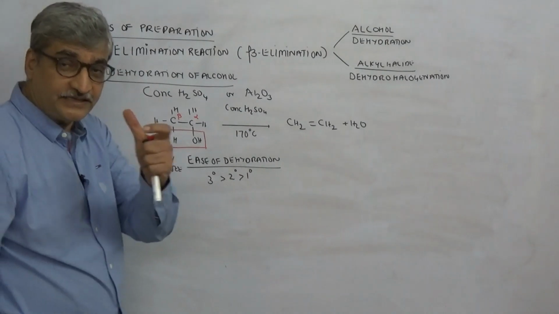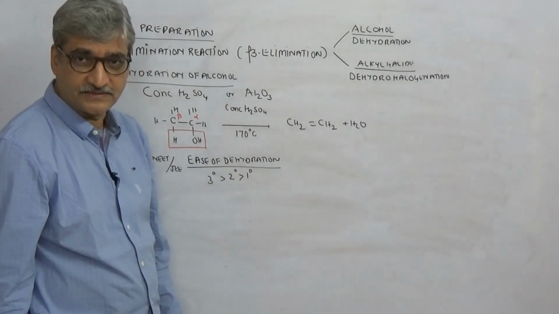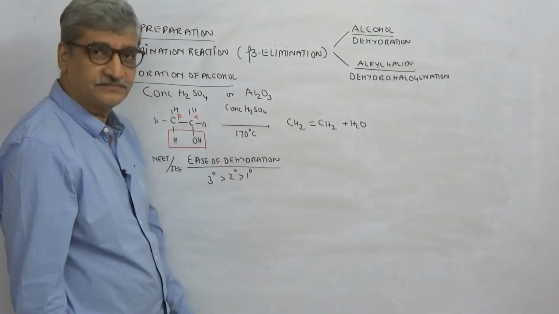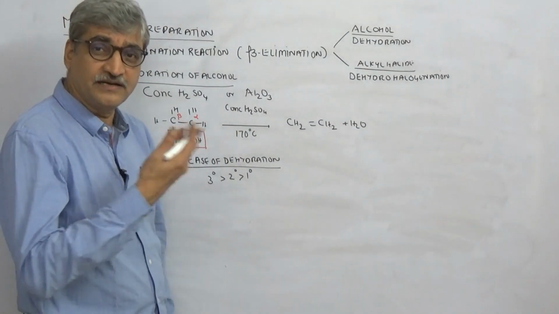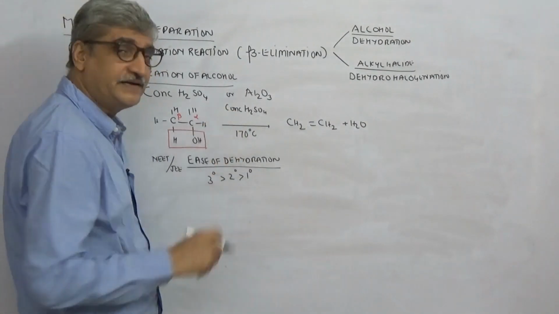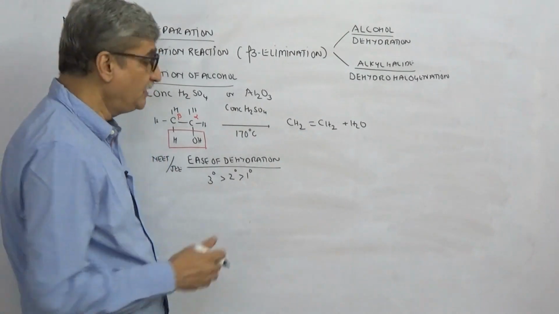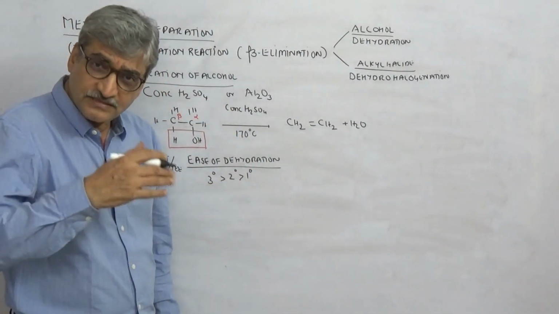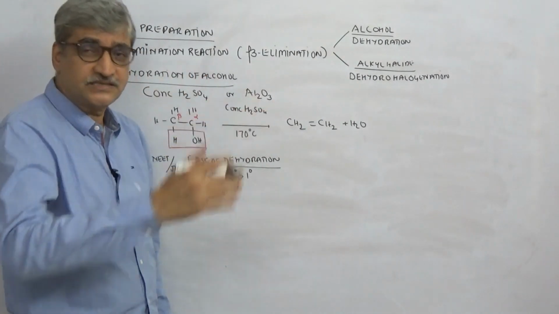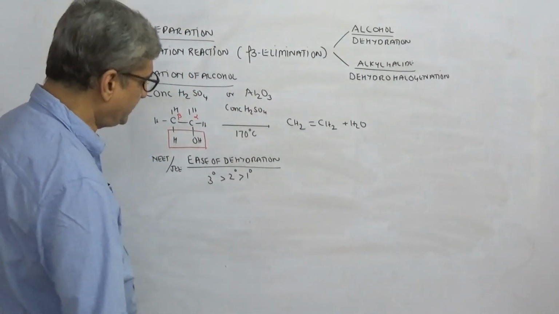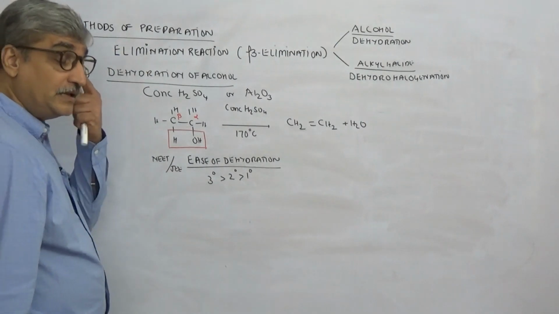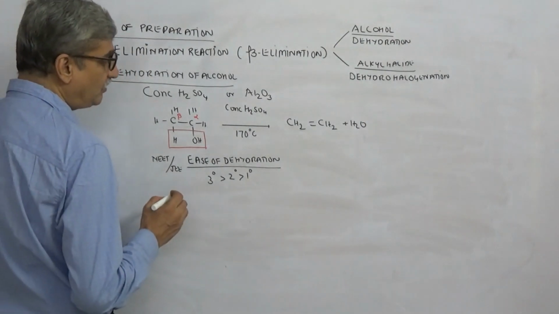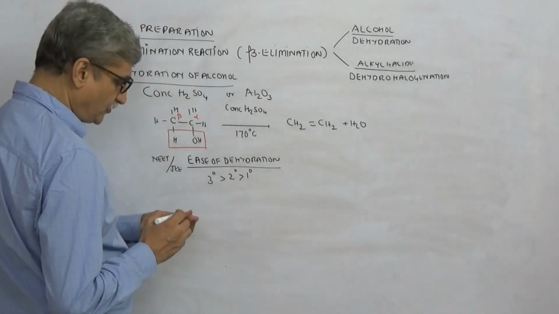And that is reflected in the concentration of sulfuric acid and temperature. If it is secondary alcohol, it will be 60%, 100 degrees. If it is tertiary alcohol, it is nearly 20% at 90 degrees still. So even with a lower concentration of sulfuric acid, tertiary will undergo dehydration. Is this point clear? We come to a very interesting aspect called Saytzeff rule.